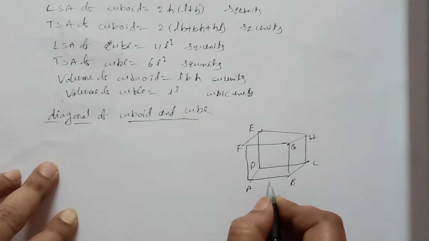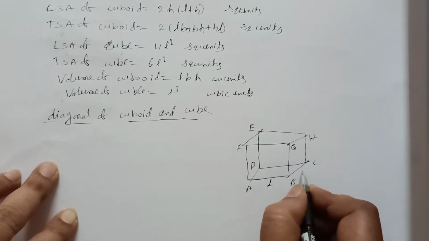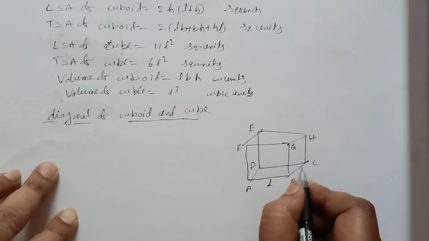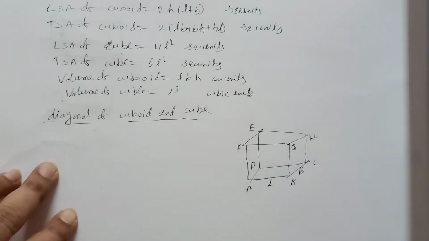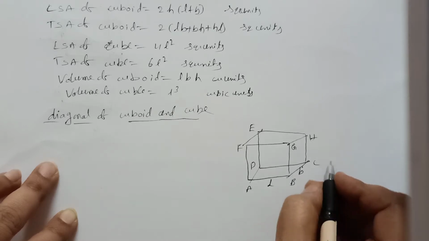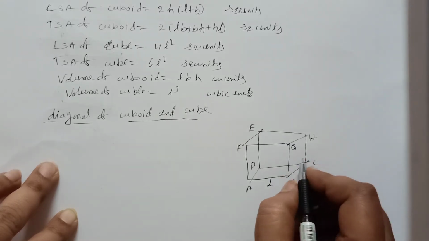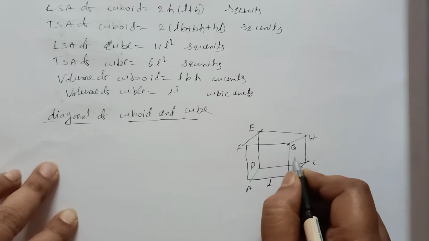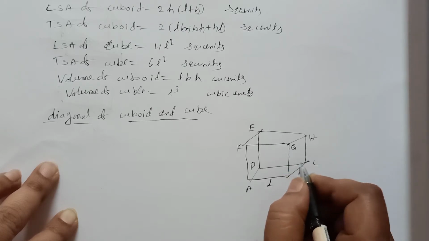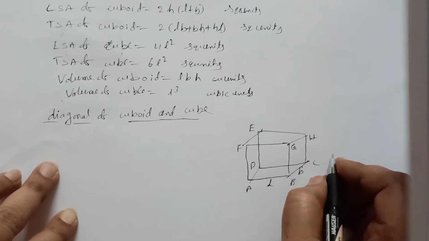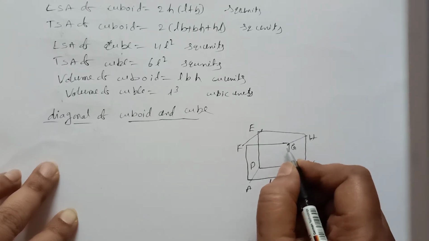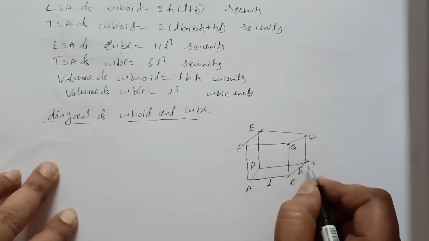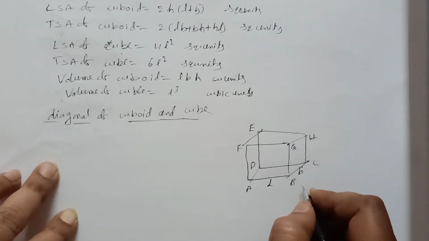L is the length, B is the breadth, H is the height. This is AB.